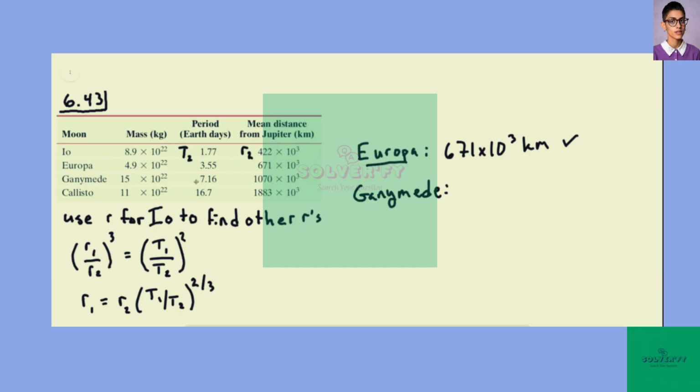For Ganymede, we have that its period is 7.16 days, so we put that in here. And we find that its average distance from Jupiter must be 1,070 times 10 to the third kilometers. And this also agrees with what the table says.